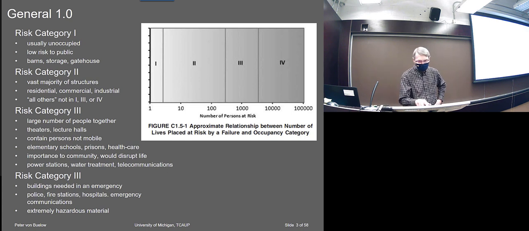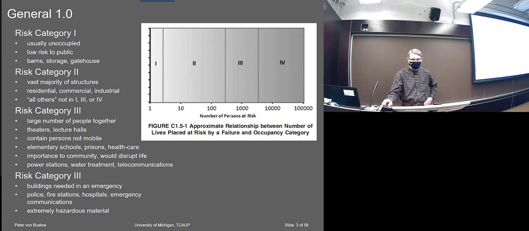You can see in this chart, class 1 has maybe 1 or 2 or 3 people in it. Class 2 gets up to 100 and something. Class 3 is in the thousands. Class 4 is up to hundreds of thousands. So that would be the whole community, right?